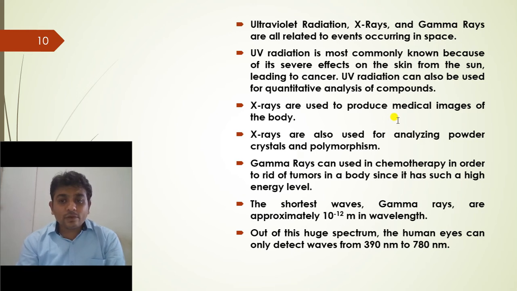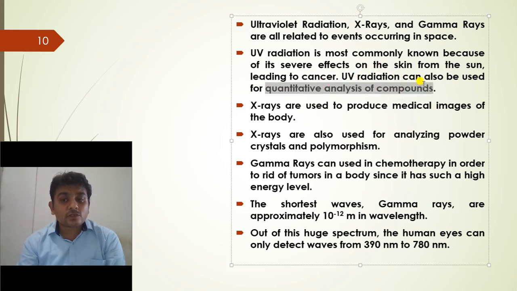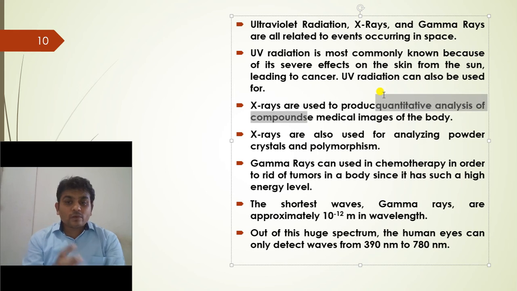As a result, UV radiations are very harmful for humans. But UV radiations are also important with respect to quantitative analysis of compounds. Most of the quantitative analysis of compounds is done using UV spectroscopy. In 70% of the monographs in pharmacopoeia, we can see that UV spectroscopy forms a fundamental basis of the analysis of the compound.